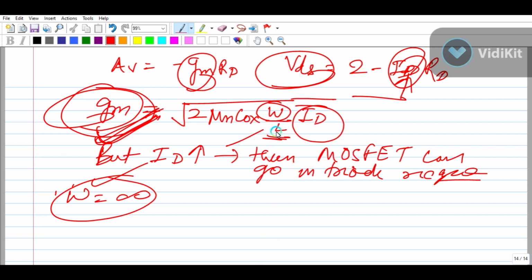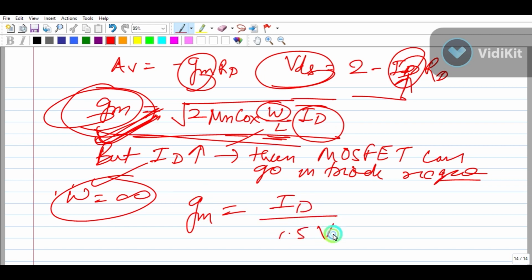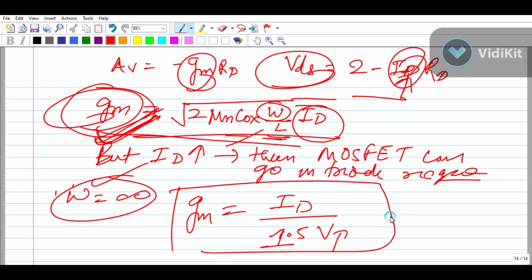If you keep a very high W, then this condition won't be valid. So the equation will become, in this case, ID 1.5 VT. So you can increase W only up to a fixed amount.